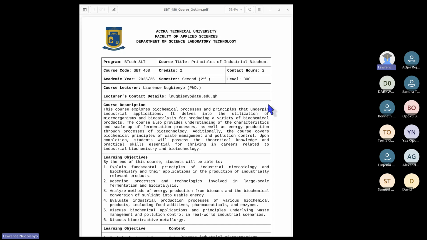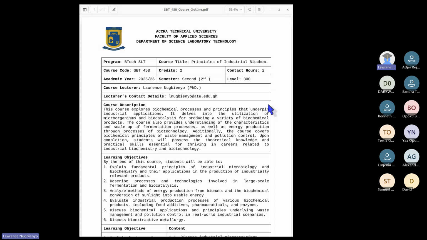I'm getting to understand that the evening class, maybe the principles of industrial, I don't know whether it's the industrial biochemistry people, there is only one student. I don't know which word to use, but it's not ideal to be teaching only one person in a class in the evenings.